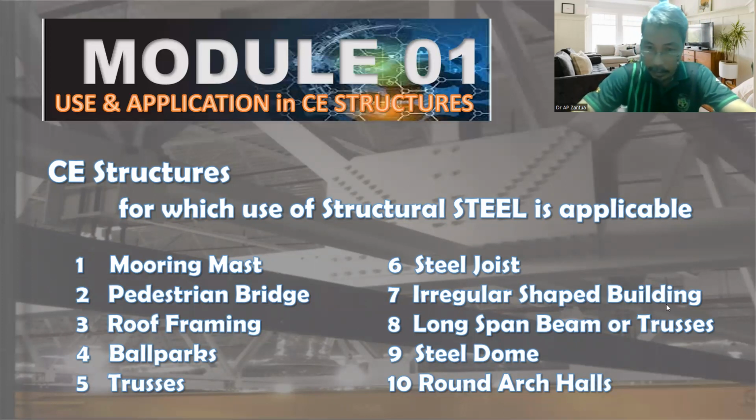Number seven, regular shape buildings, long span beams or trusses, steel domes, and round arch walls.